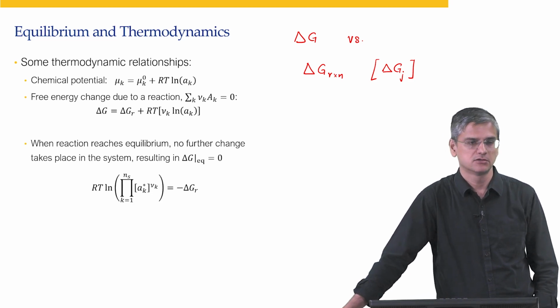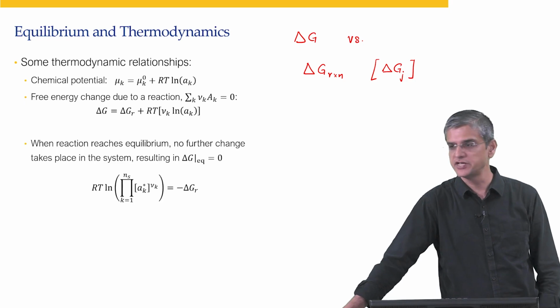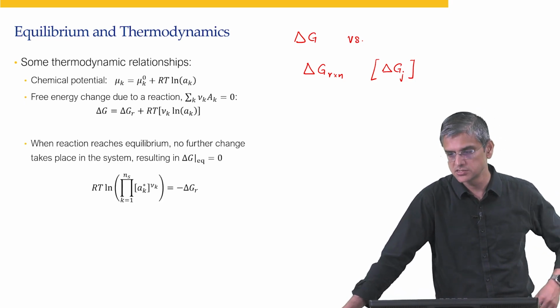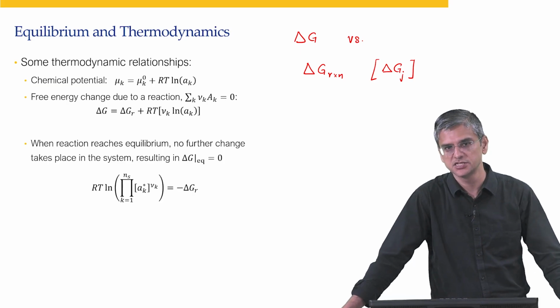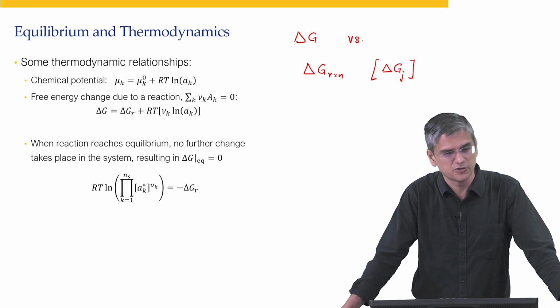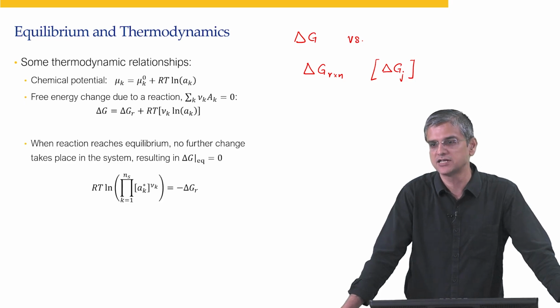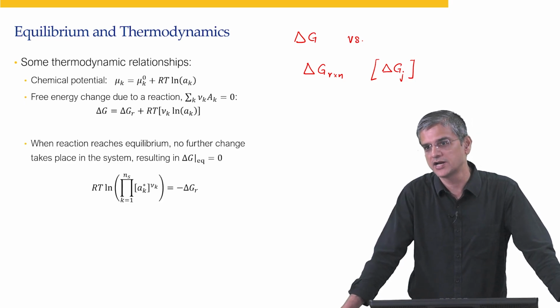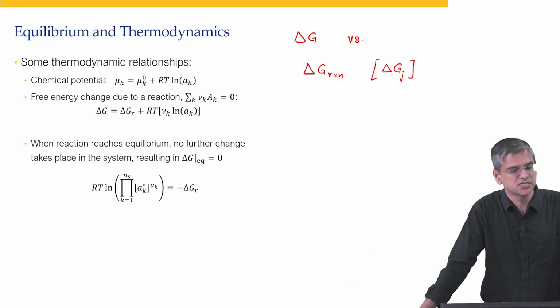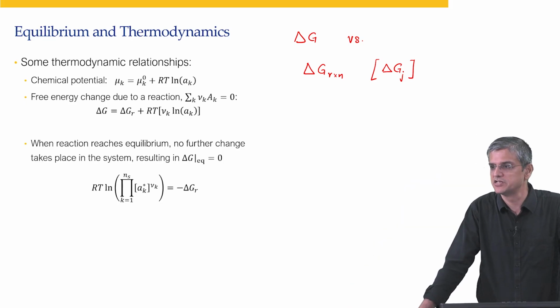Delta G is change in free energy of a particular species. That was one answer, whereas delta G reaction is change in the free energy with respect to a reaction at a particular temperature or at standard temperature. What else? Delta G is just a change in free energy.